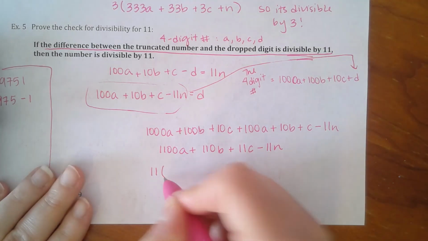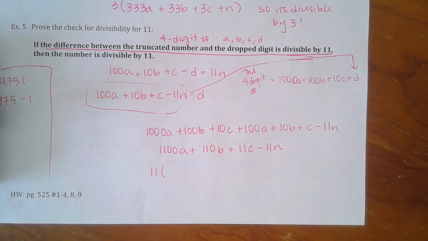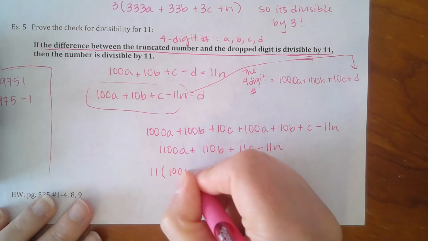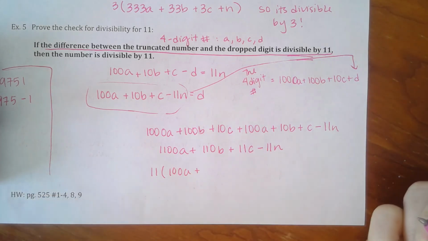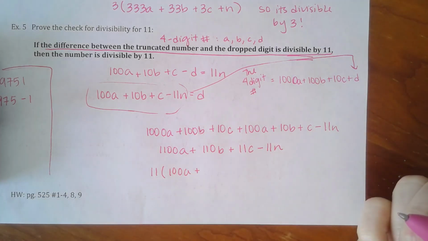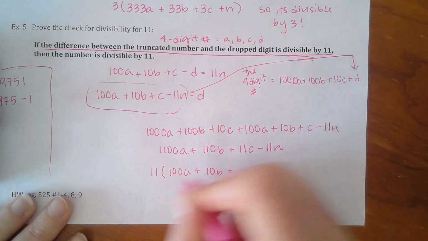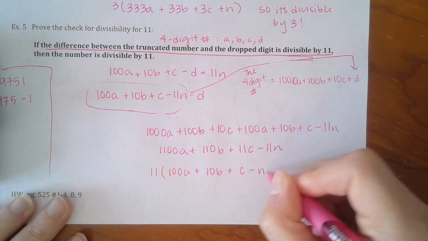So we can factor out an 11 to make sure this actually makes sense. If I take out an 11, 1100 divided by 11 is 100. 110 divided by 11 is 10. 11 divided by 11 is 1, and then minus N.